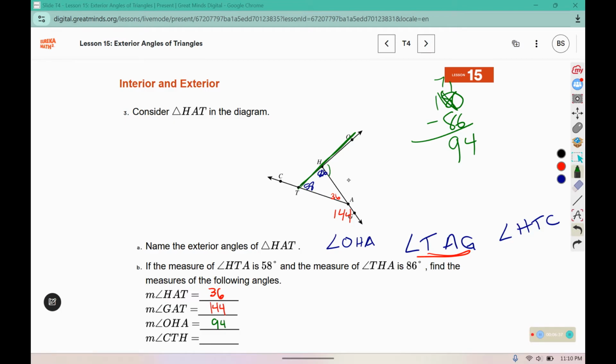If I combine these two, 58 plus 36. 6 and 8 is 14. 3, 5, and 1 is 94. So if I combine the two angles that aren't touching the exterior angle, I get the outside.